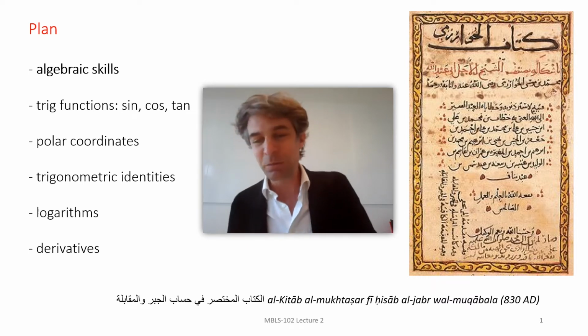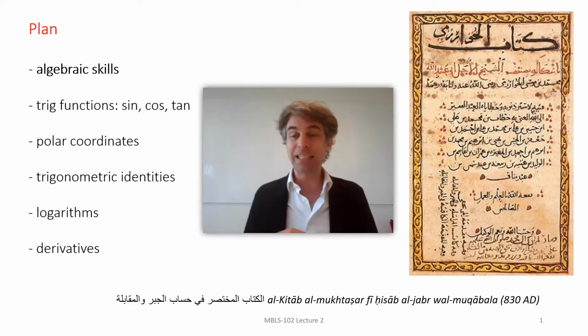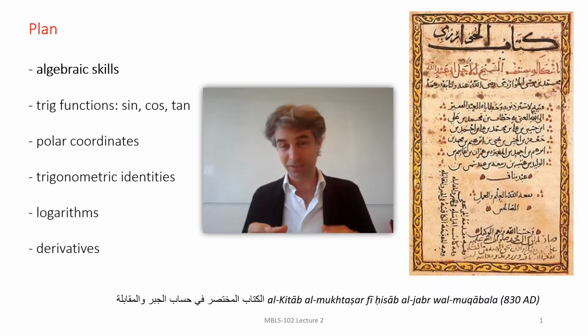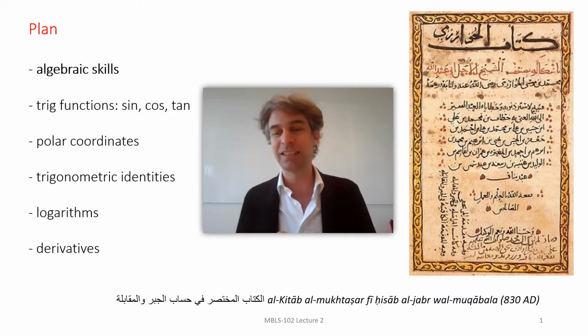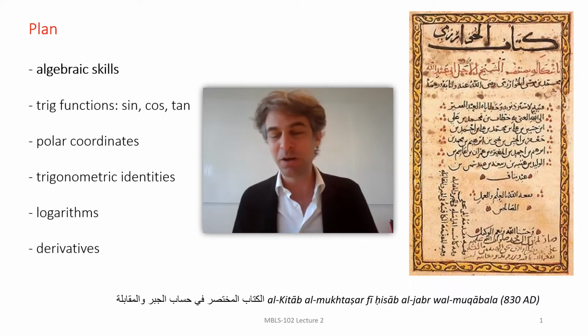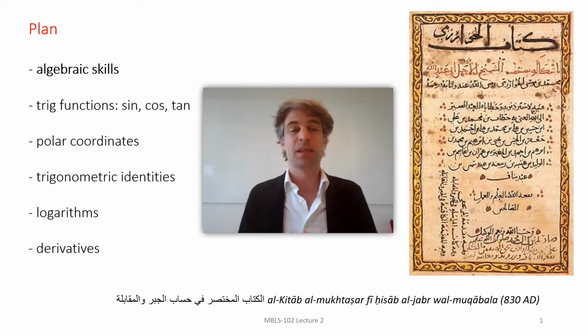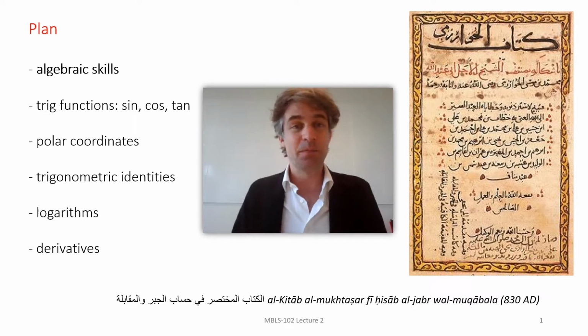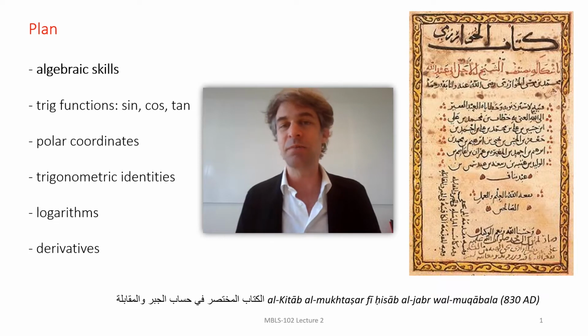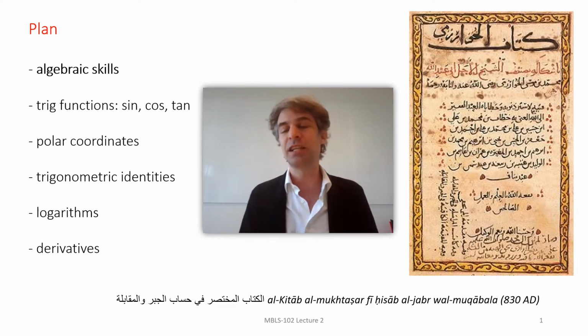But what's interesting is that word al-Jabr, which is where the name algebra comes from. So they took the word in the middle of this book title, and that developed into our word for algebra. So what does it actually mean? It means the compendious book on calculation by completion and balancing.